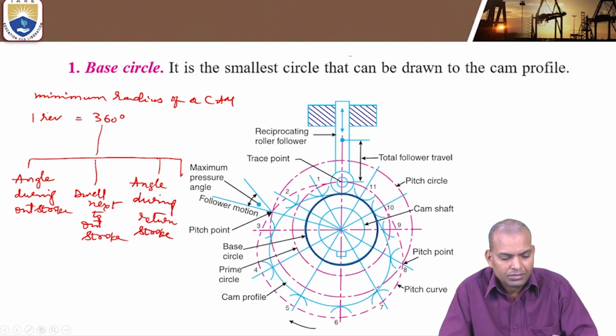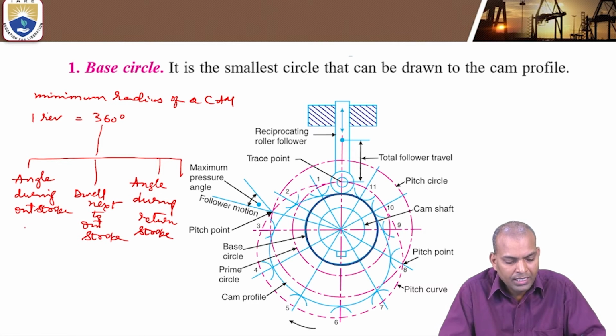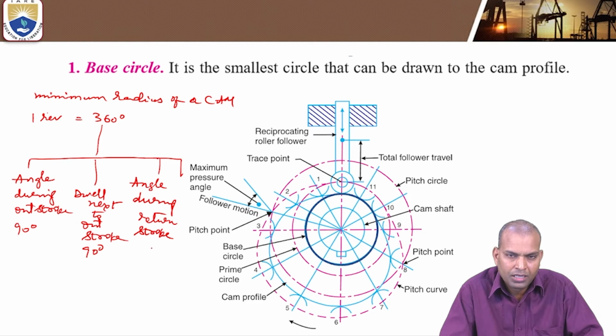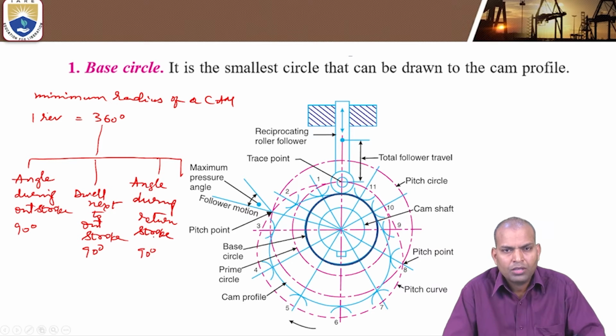What is the remaining angle? Suppose the angle during outstroke is 90 degrees, the dwell next to outstroke is also 90 degrees, and the angle during return stroke is also 90 degrees. The remaining portion is the dwell next to the return stroke.